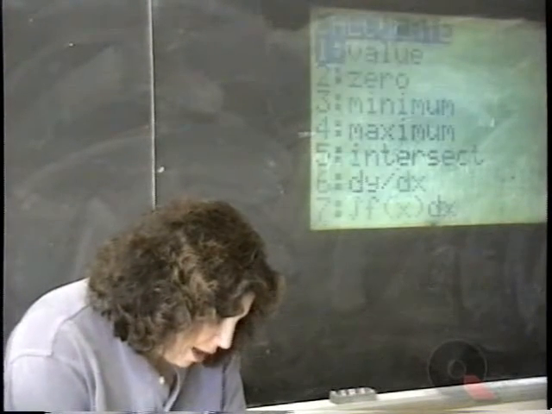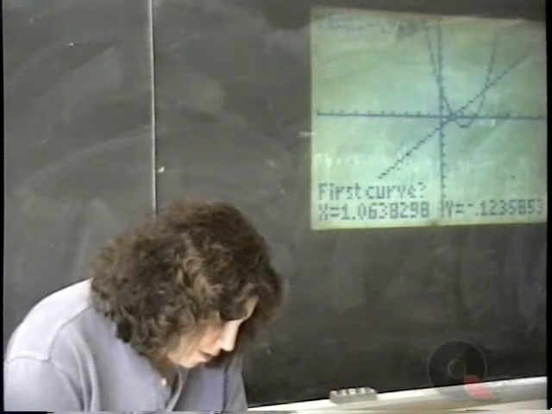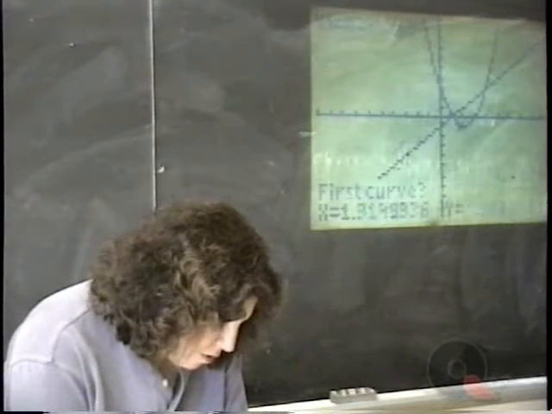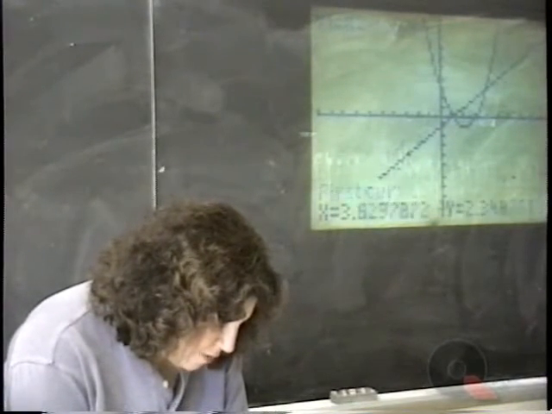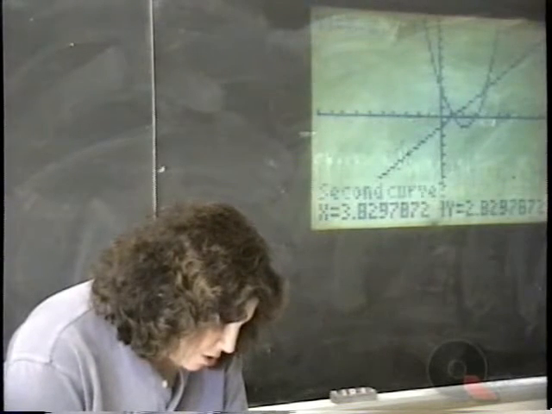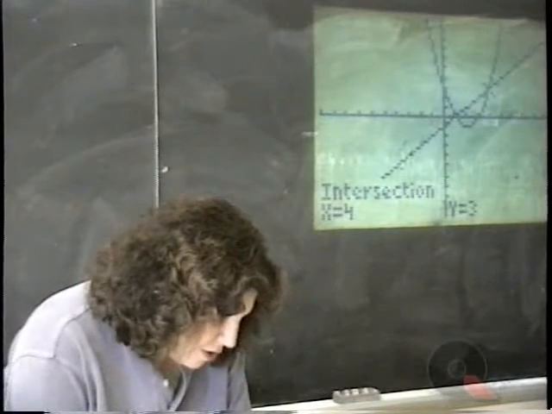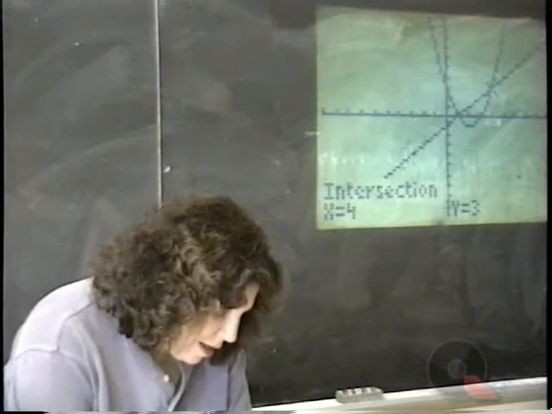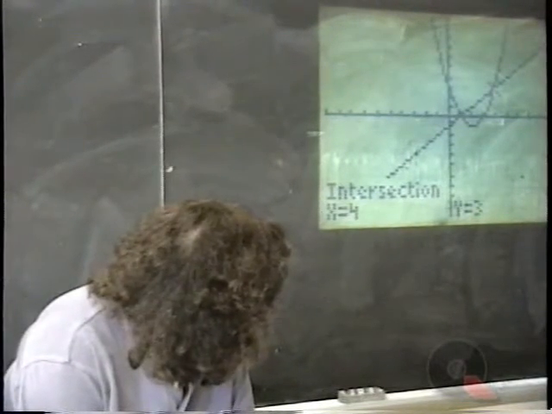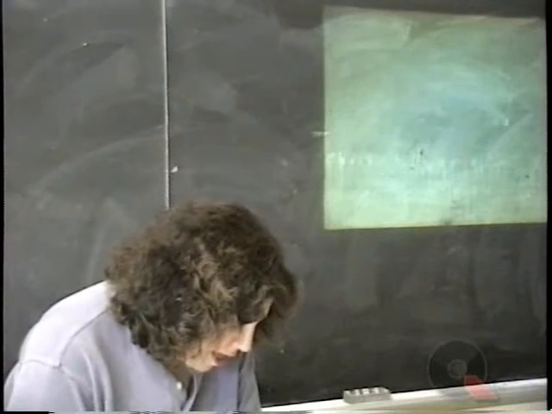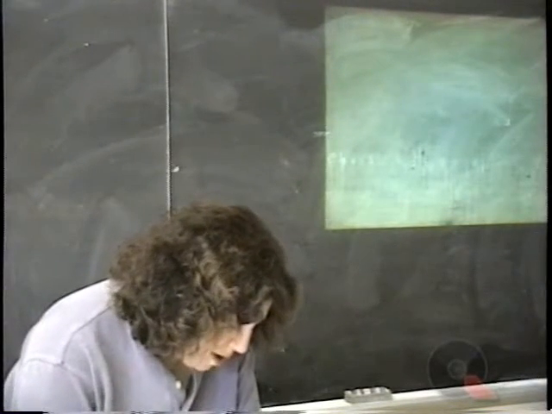Hit second, calc, 5, send the cursor somewhere over to the second point of intersection, hit enter once, twice, 3 times. You have the other point of intersection, 4, comma 3. Then I hit second and quit to get out of that and into the main menu.